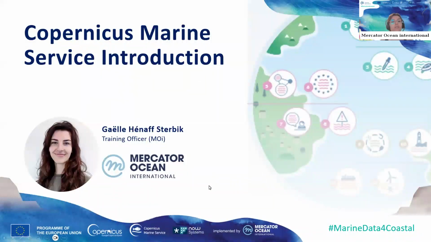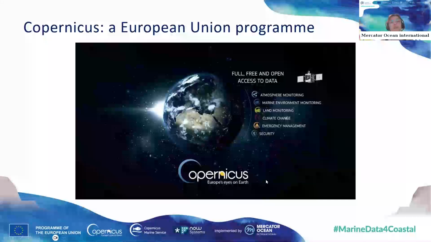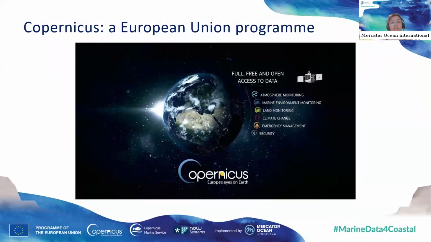Now we will jump right into the first presentation, which is a little overview about what the Copernicus service is about, just to introduce you to it if you are not familiar with the service yet. It's a program created by the European Union. It's a fully European-funded program dedicated to the observation of the Earth and to better understanding different systems of the planet.